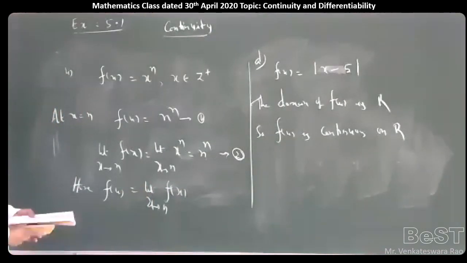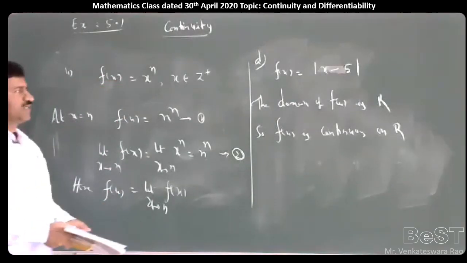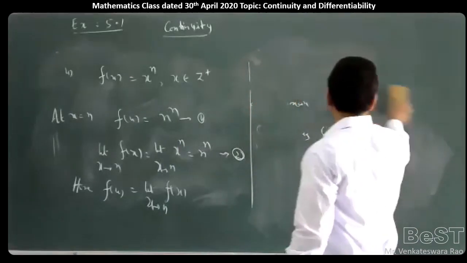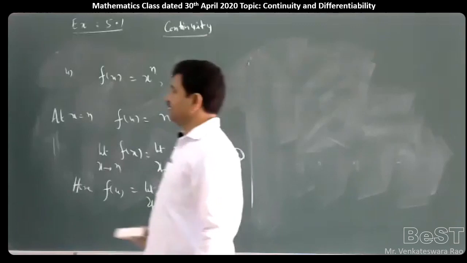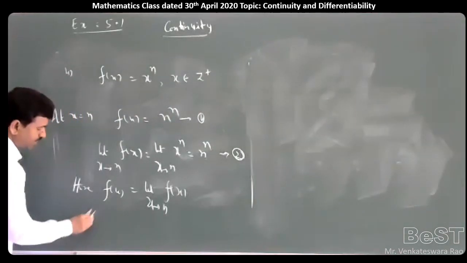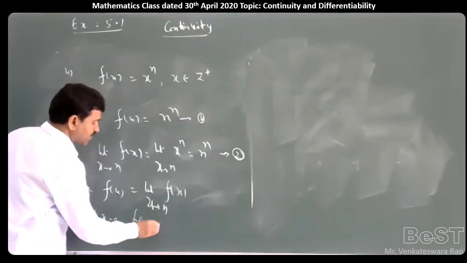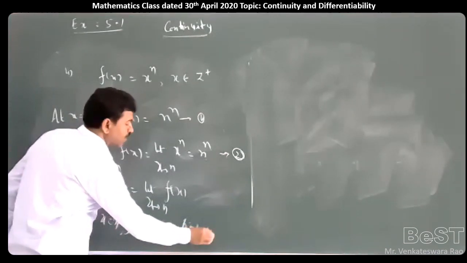Write the final conclusion. So at x is equal to n, f of x is continuous. That's all.